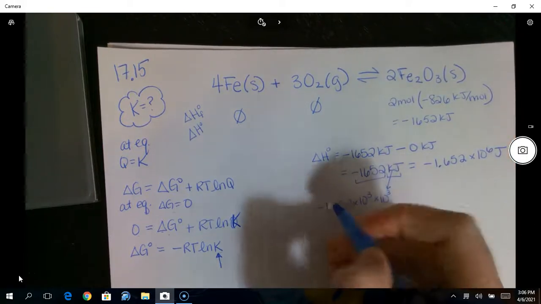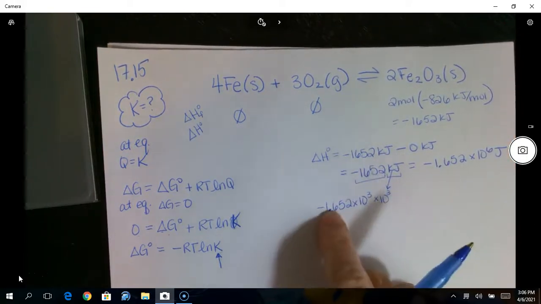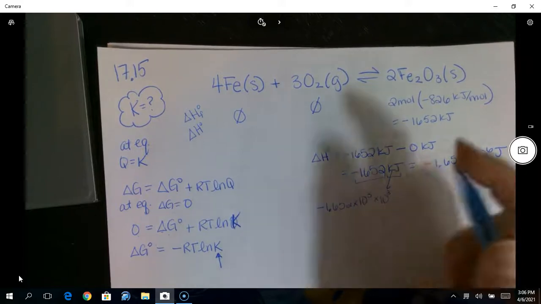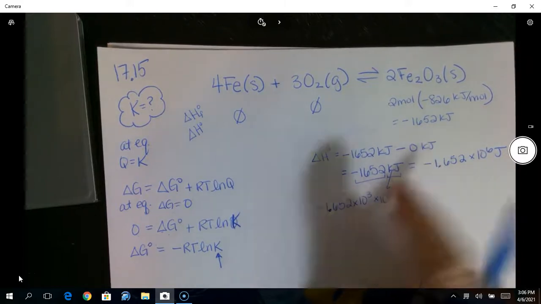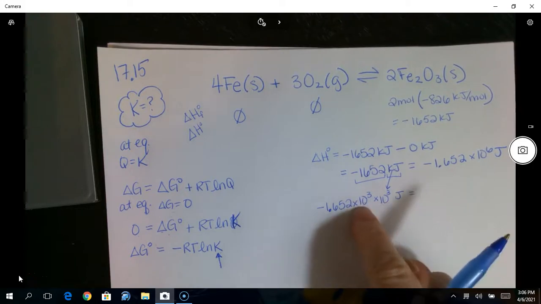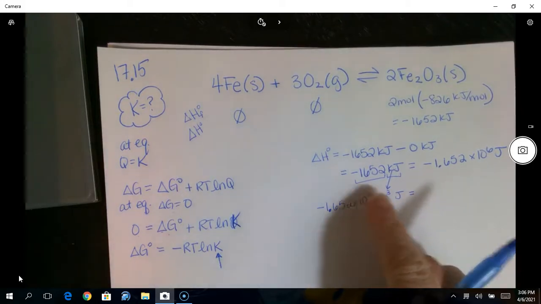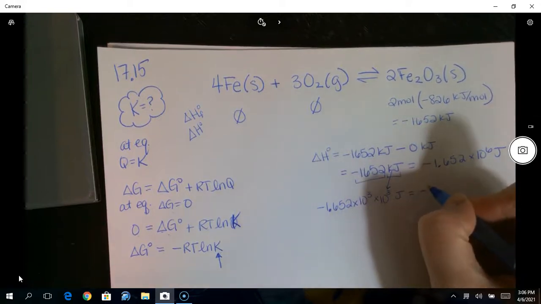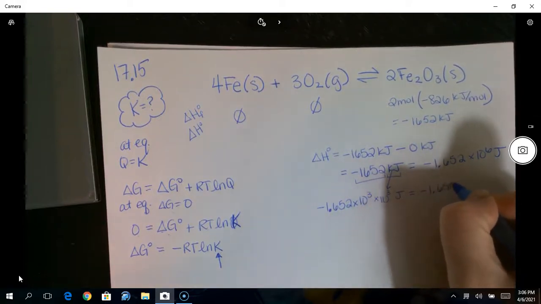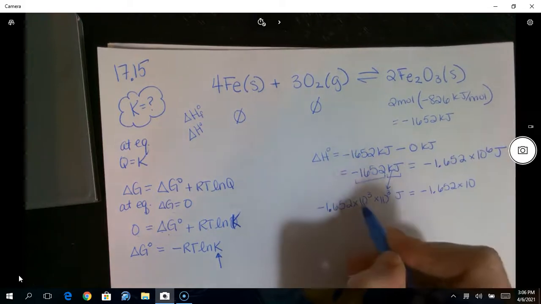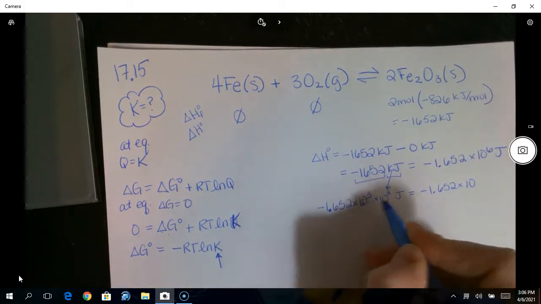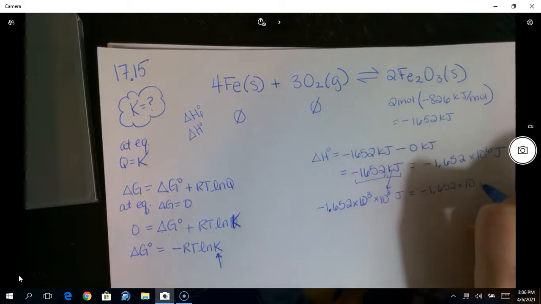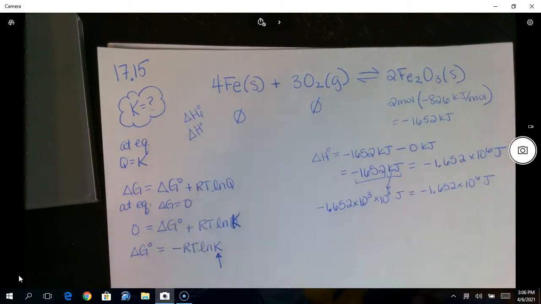So this is from the number. See how I've moved my decimal? This needs to be multiplied by 1,000 to get to my original. When I'm multiplying 2 numbers with the same base raised to a power, I add up my exponents. This is negative 1.652 times 10 to the 3 from the number and 3 from the kilo. Okay.